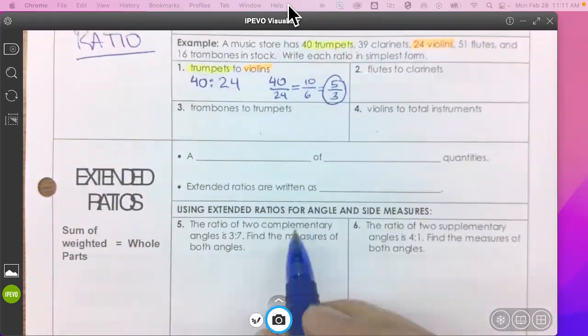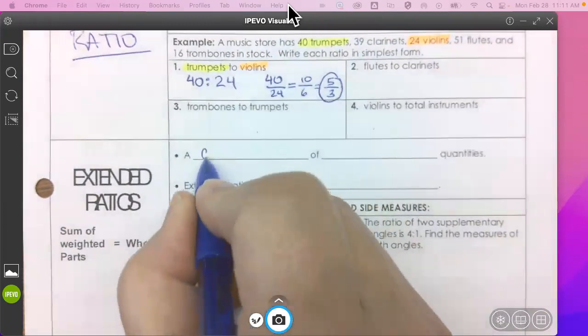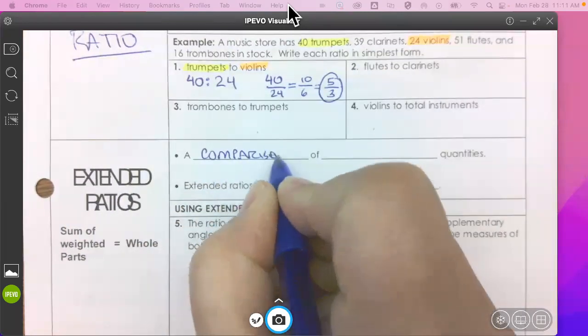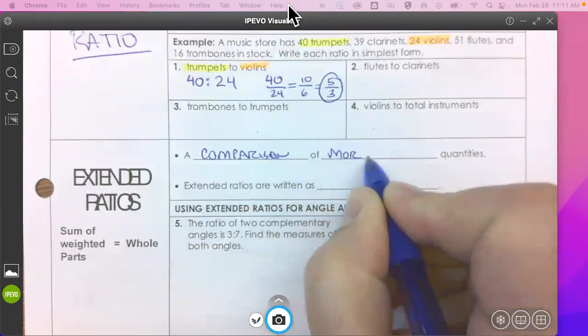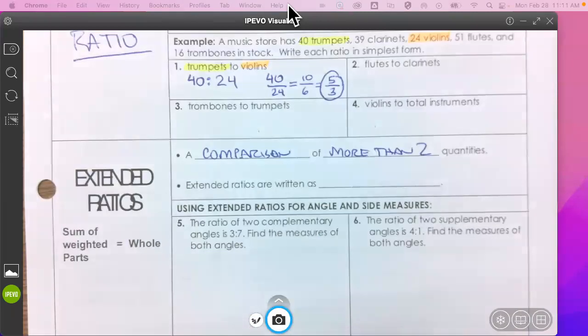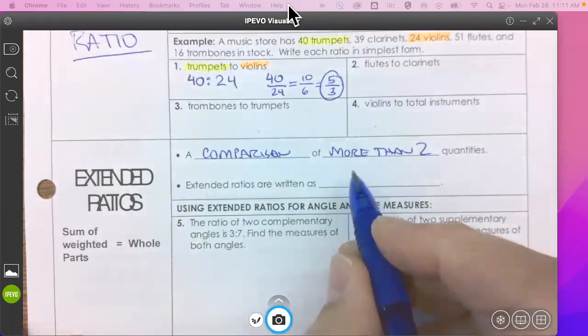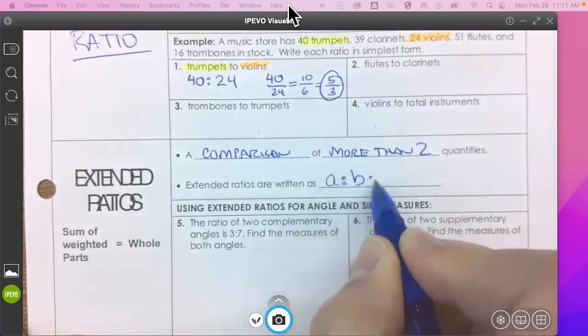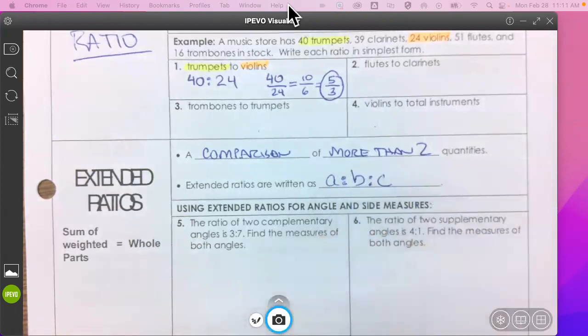Okay, there will be times when we're actually looking to create a comparison of more than 2 quantities. And because it's more than 2, we have to adapt a little bit. We can still treat it as A is to B is to C, but we wouldn't write it as a fraction, right?